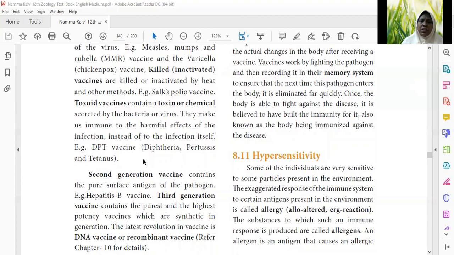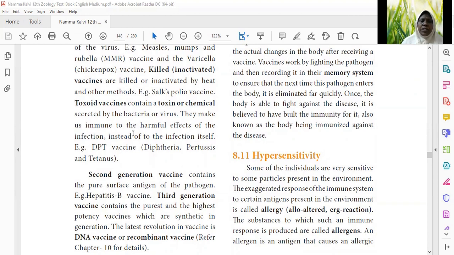So toxoid vaccines make our body immune to the harmful effects of the infection instead of the infection itself. So immunity is given not against the infection itself, but against the harmful effects of the infection. An example is DPT. DPT vaccine, which is also called triple vaccine, is used against diphtheria, pertussis, and tetanus.